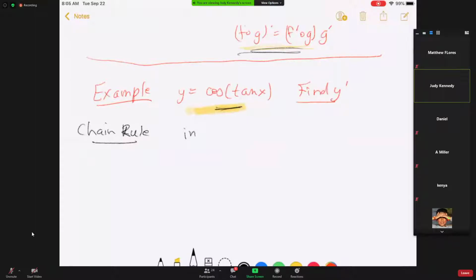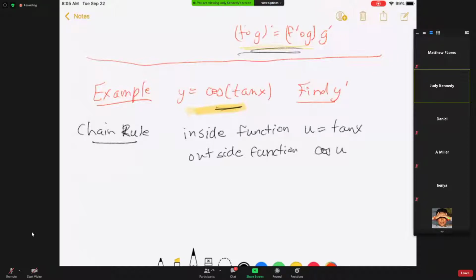The inside function, which we usually call u, is the tangent function. So the outside function is cosine of u.